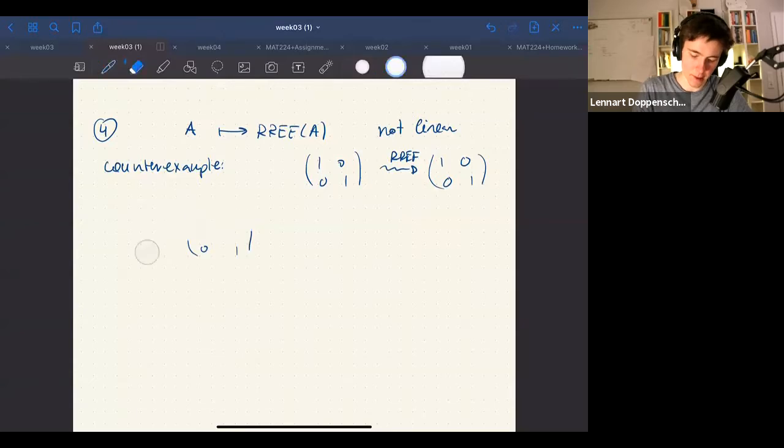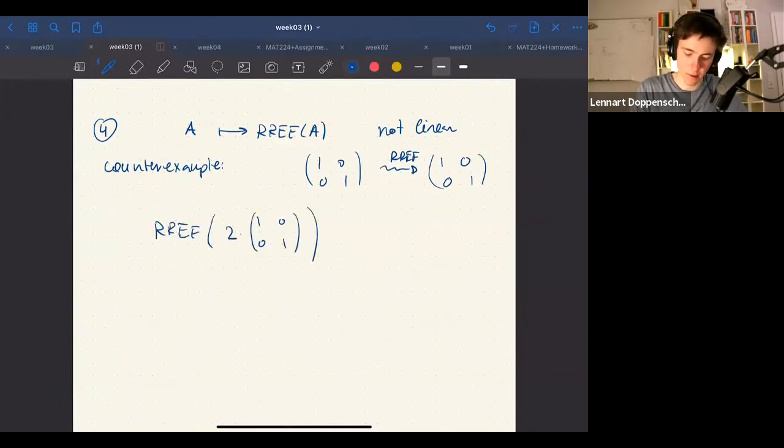Let me write this in a better way. So RREF of 2 times 1, 0, 0, 1 is equal to the reduced row echelon form of 2, 0, 0, 2. But if you reduce this, it is still the identity matrix.